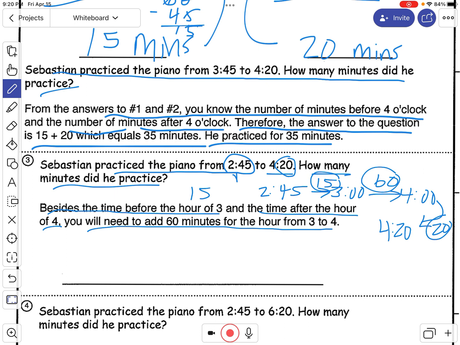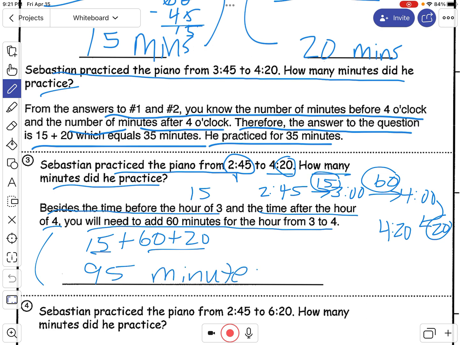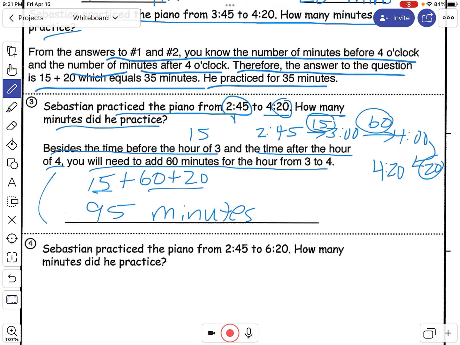So can you solve that problem? Down here, show your work and write the answer. Pause the video. When you have the answer, turn the video back on. So you should have done 15 plus 60 plus 20, and that's 80, plus 15 is 95. So he practiced for 95 minutes. If you got it wrong, erase and fix.